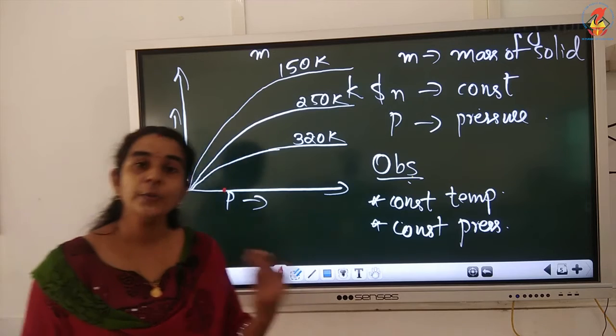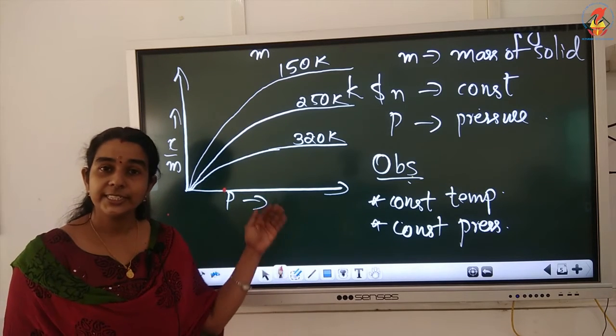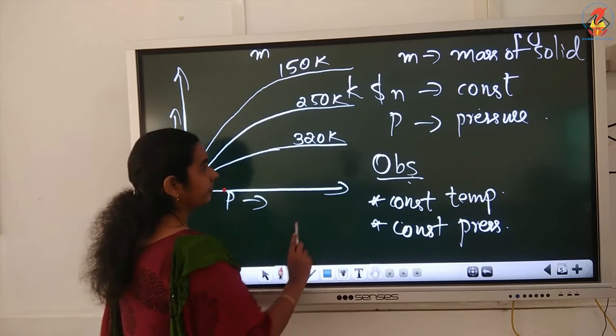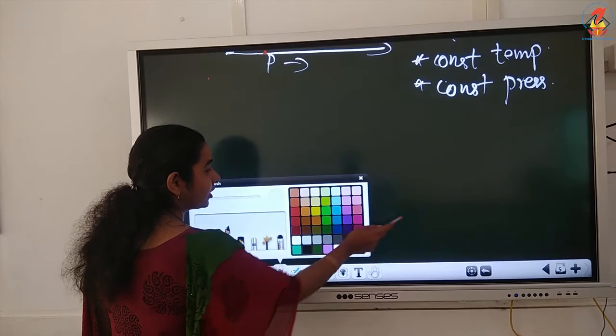Now, how can we verify this equation, how to check whether this empirical relation is correct or not? Verification of the Freundlich adsorption isotherm.